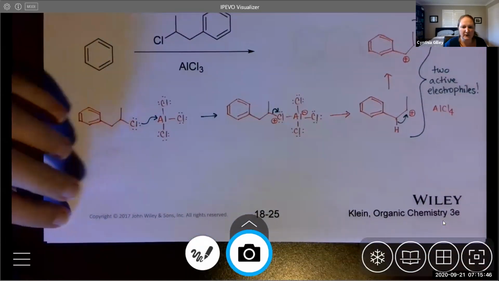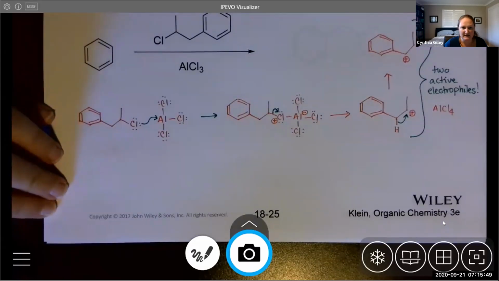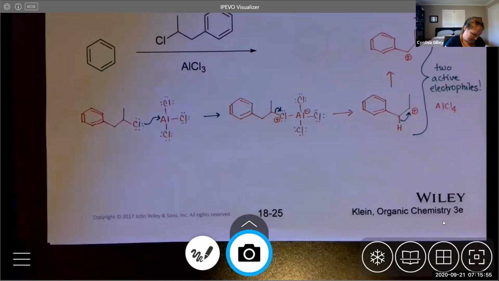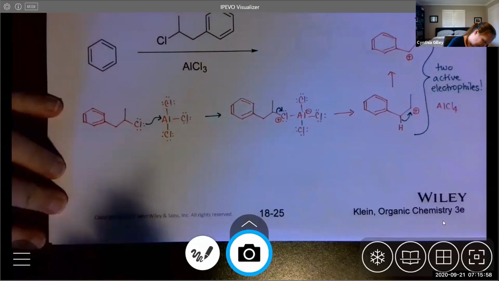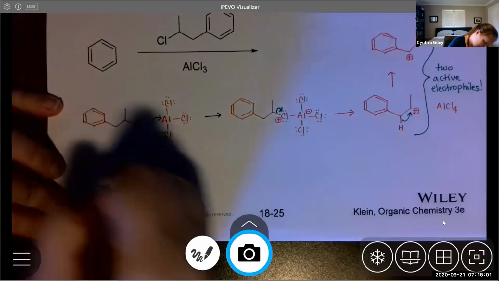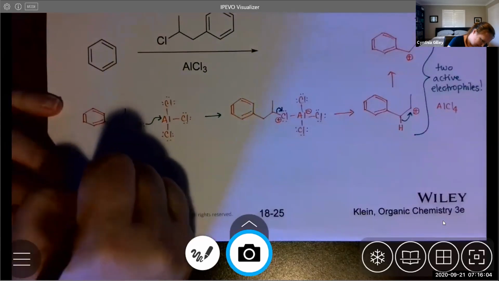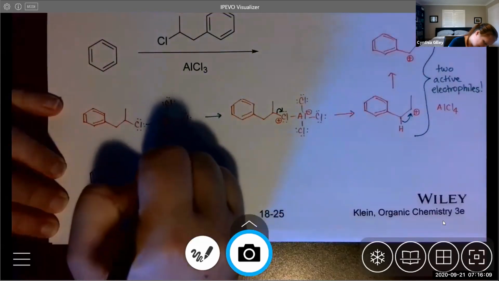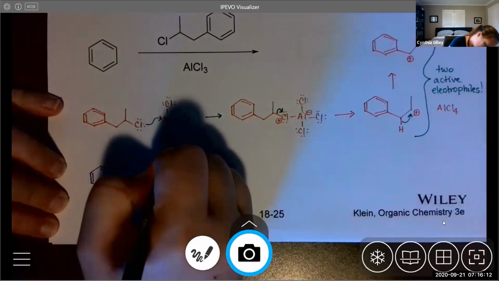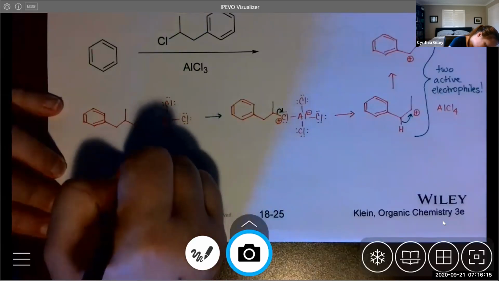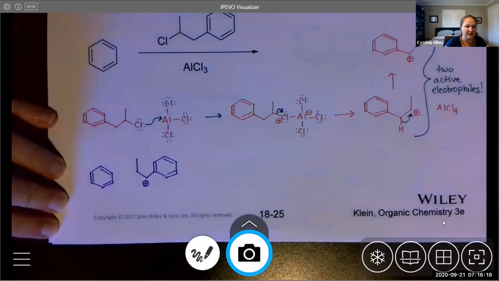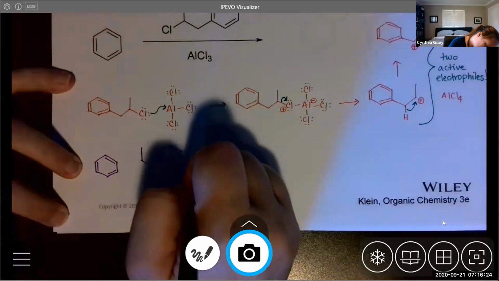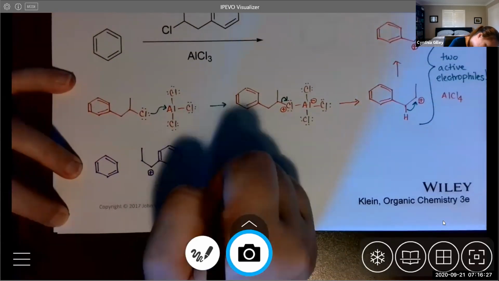Right? So either one of those can be attacked by the benzene ring, right? Just benzene, which is our reactant over here. So we can show if the aromatic ring was to attack the first one, then we would get, you can think of essentially this one or possibly the other carbocation.